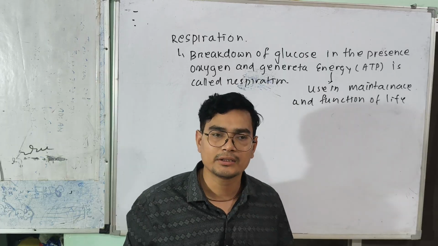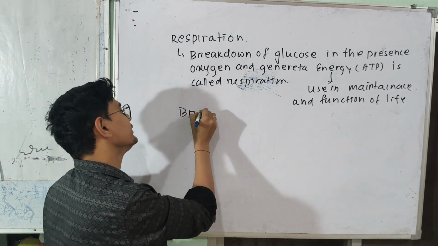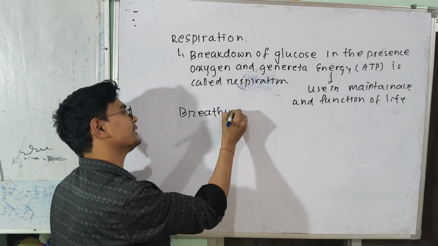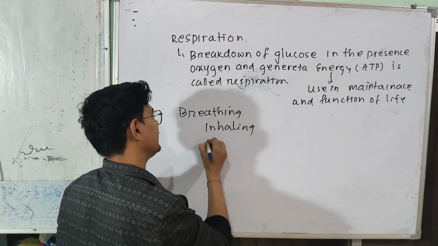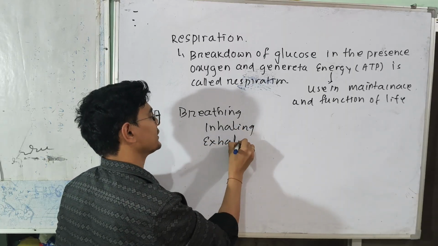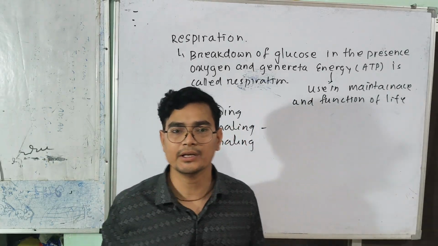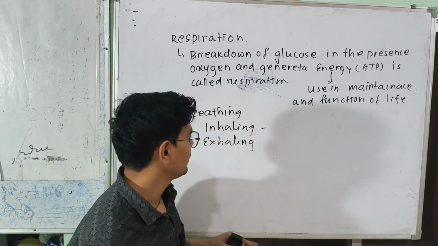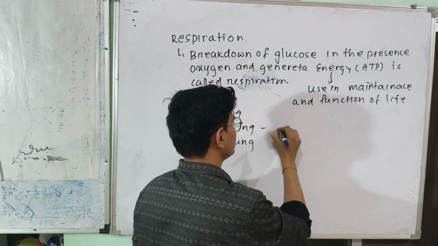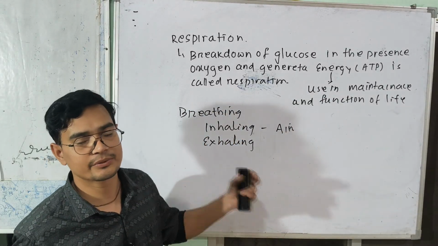And the other one, inhaling and exhaling, is called breathing. What is breathing? Inhaling and exhaling. What is inhaling? We inhale air, a mixture of gases, and in the air oxygen is present.